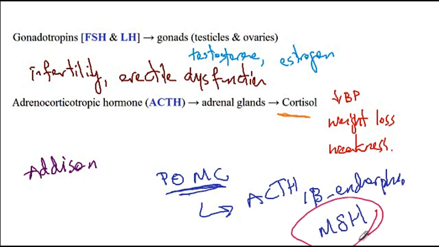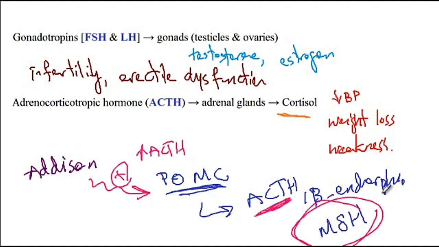With Addison's disease, since there is increased positive feedback to increase the level of ACTH, the POMC in addition to ACTH will also continue to produce the endorphin and the melanocyte stimulating hormone. Therefore, the melanocyte stimulating hormone is the underlying cause of hyperpigmentation in patients with Addison's disease.